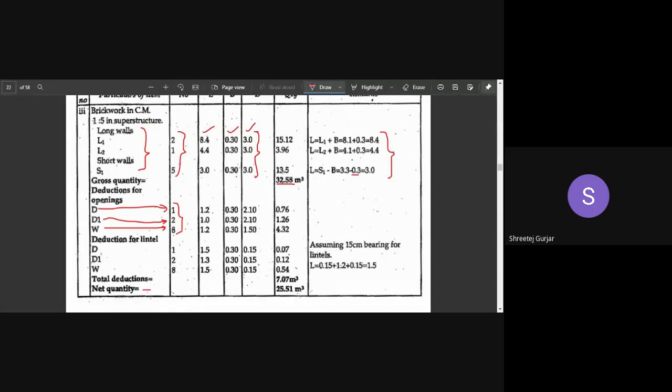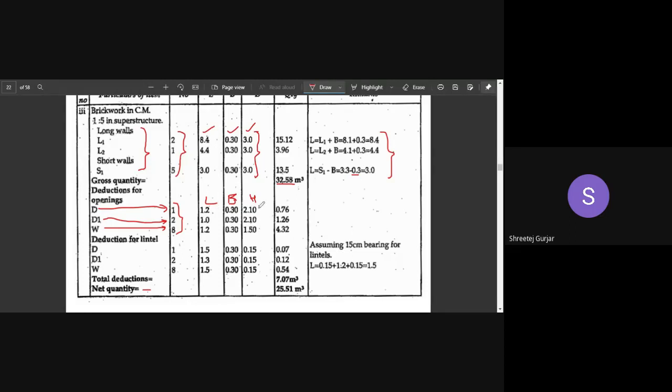In the schedule of openings, they have given the sizes of your openings. This is your length, this is the breadth, the thickness of your wall, and this is the height of your opening. The door D is 1.2 meter in length and 2.1 meter in height.